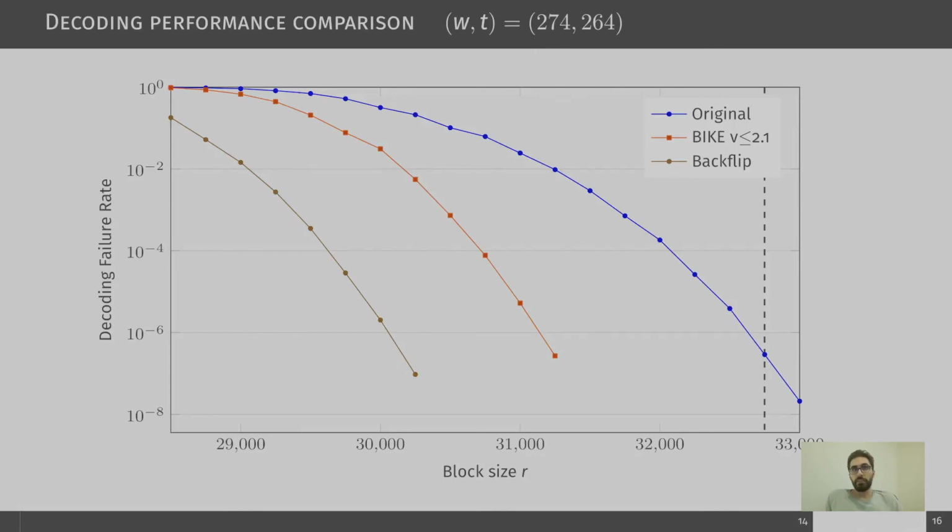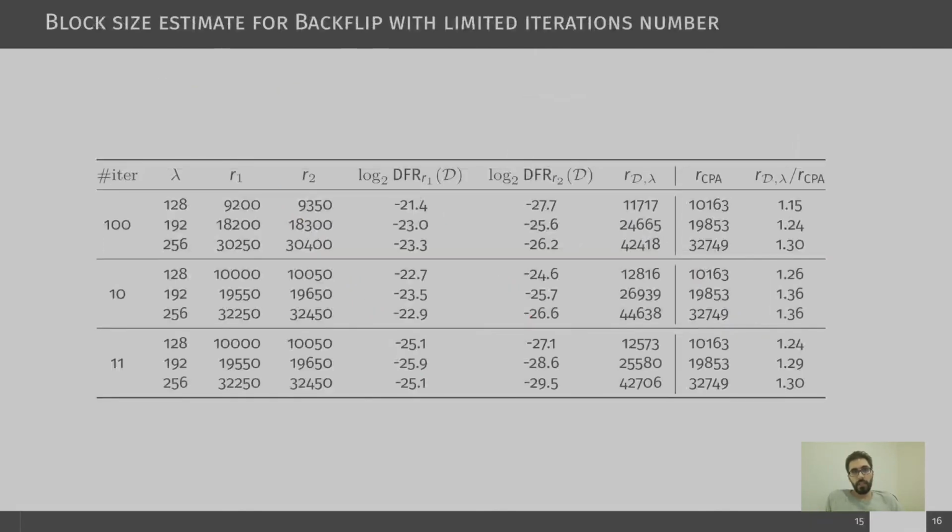We can see that between each algorithm there is an order of magnitude of improvement. And finally, we can use the extrapolation method that we've explained to find parameters that we could use with a backflip algorithm in different configurations.